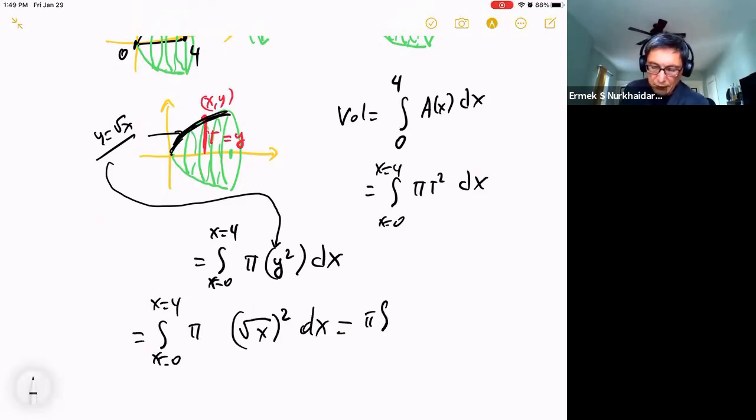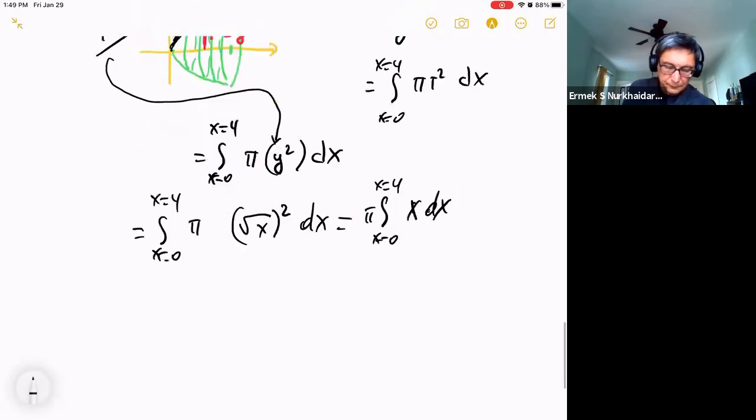Take pi out, 0 to 4, x dx. Pi x squared over 2 from 0 to 4, 8 pi.